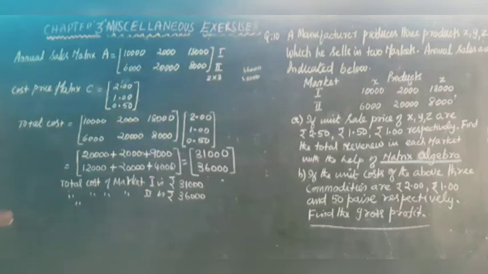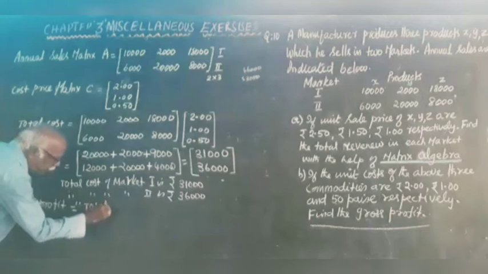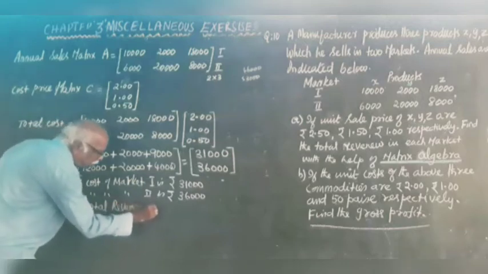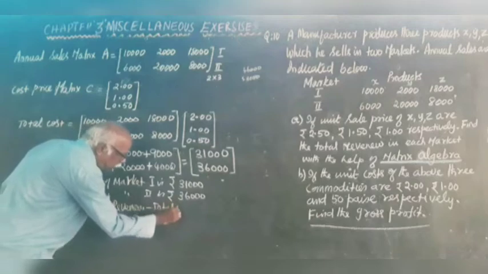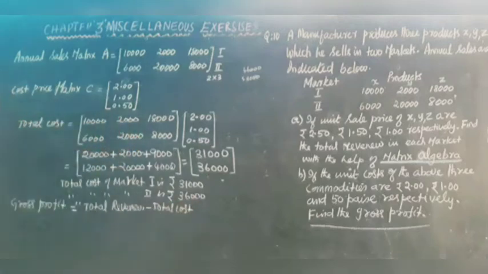Gross profit is equal to total revenue minus total cost.